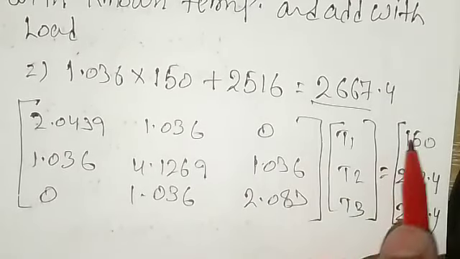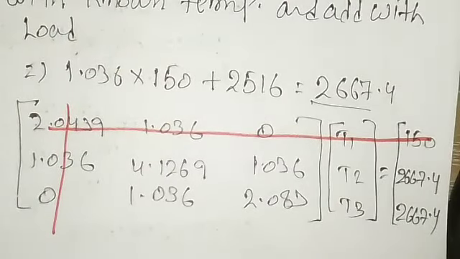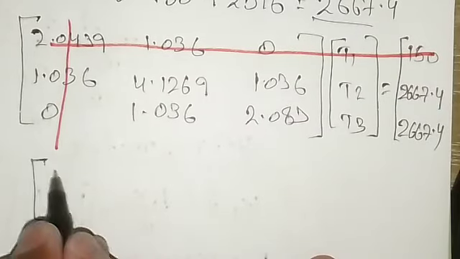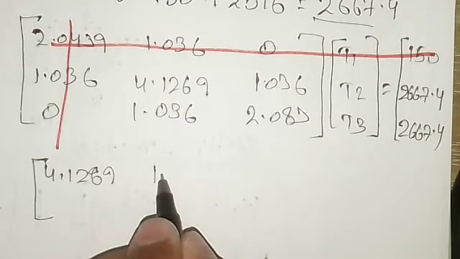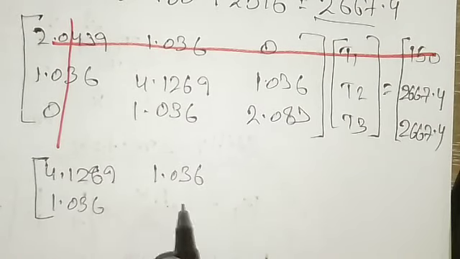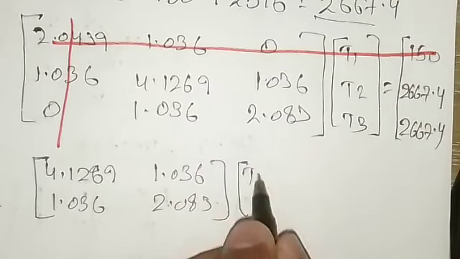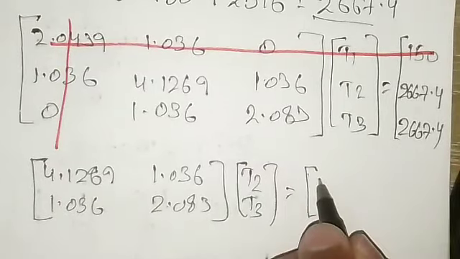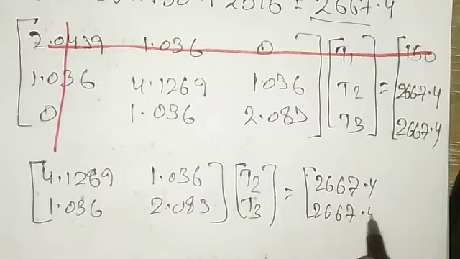Now, as the temperature at node 1 is known, the first row and first column will be eliminated. By the elimination approach, this first row and first column is eliminated and the matrix is reduced into 2 by 2 form. So on elimination the equation will become 4.1269, 1.036; 1.036 and 2.083 into T2, T3 is equal to 2667.4, 2667.4.